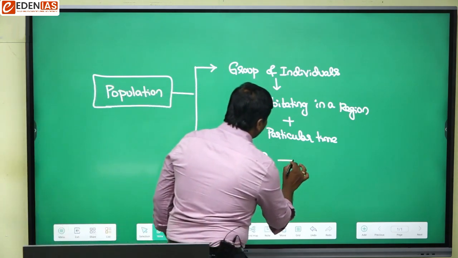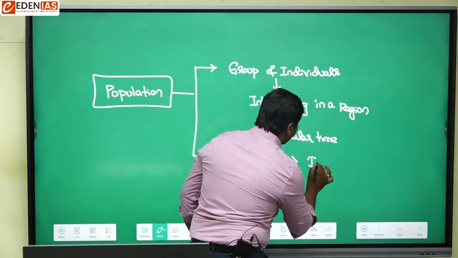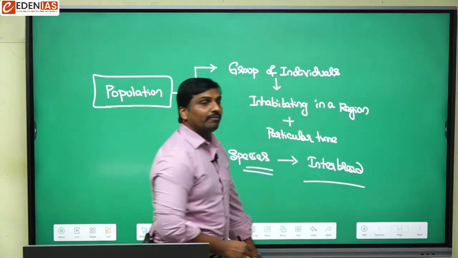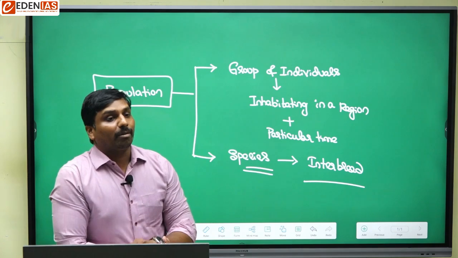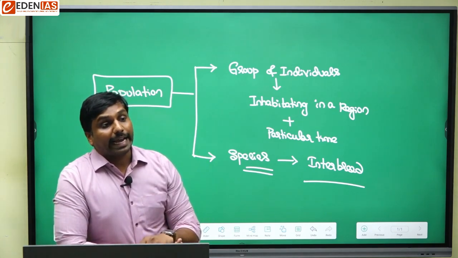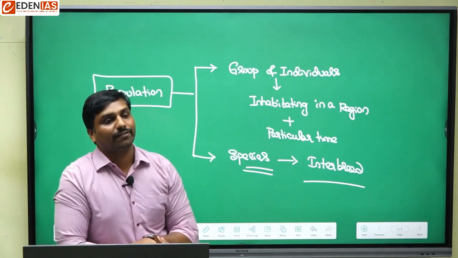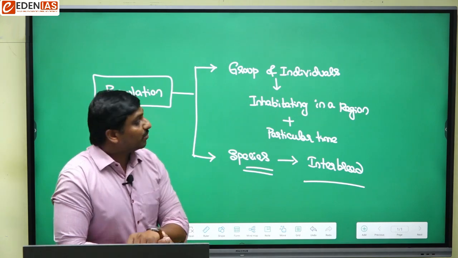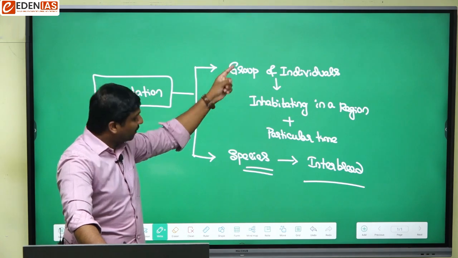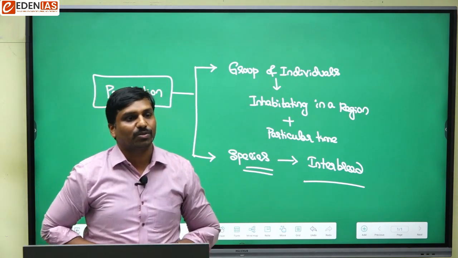Species is nothing but a group of organisms or group of animals which can interbreed amongst themselves and can produce reproductively active offspring. Such a group of organisms is nothing but species. So such a group of individuals belonging to a particular species refers to population. Okay, so that is one thing.